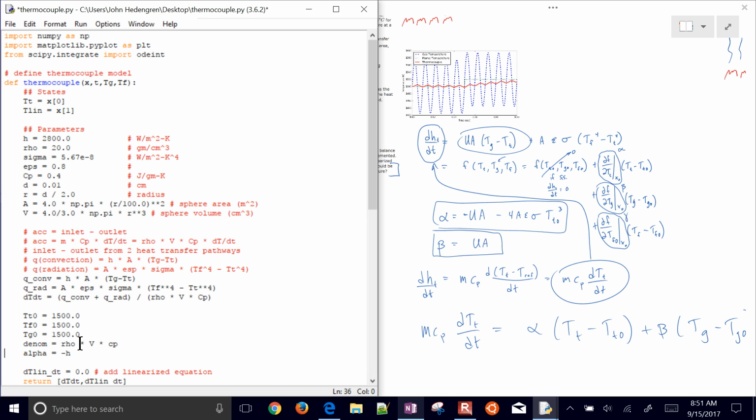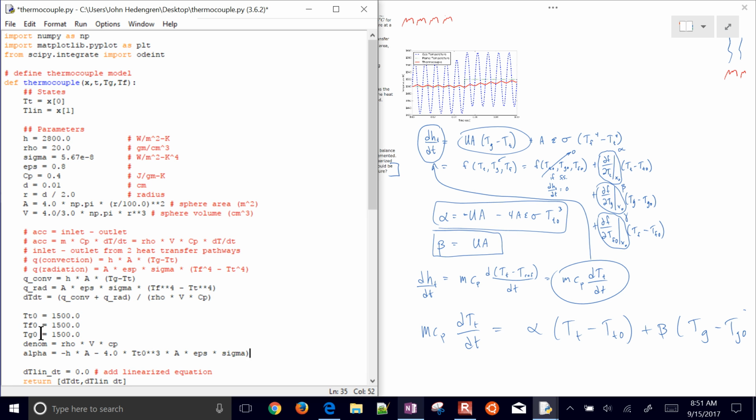I guess I did say this is h here. I got rid of enthalpy, so let's just leave it as h, watts per meter squared Kelvin, times A, minus 4 times T thermocouple to the third power times area times epsilon times sigma.